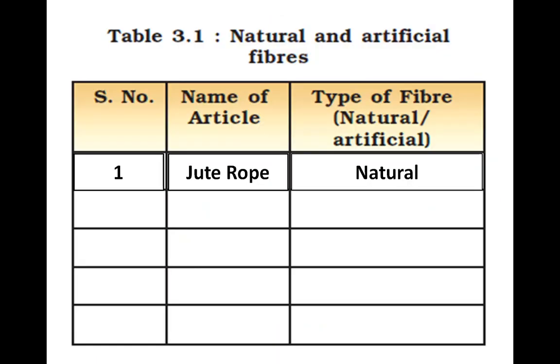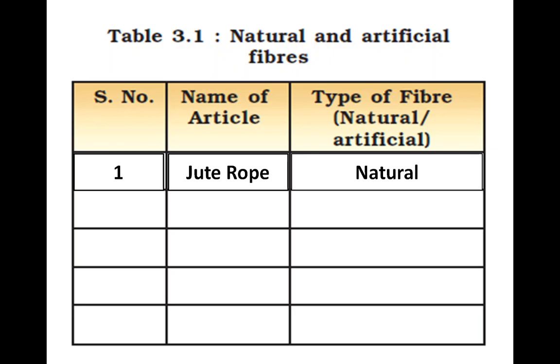First, we have to complete one table. See table 3.1, natural and artificial fibers. Artificial fibers means synthetic fibers or man-made fibers. Same thing, only the names are different: artificial, synthetic and man-made. You have to make a list of some common articles made from fibers, and then separate the natural fibers and the artificial fibers.